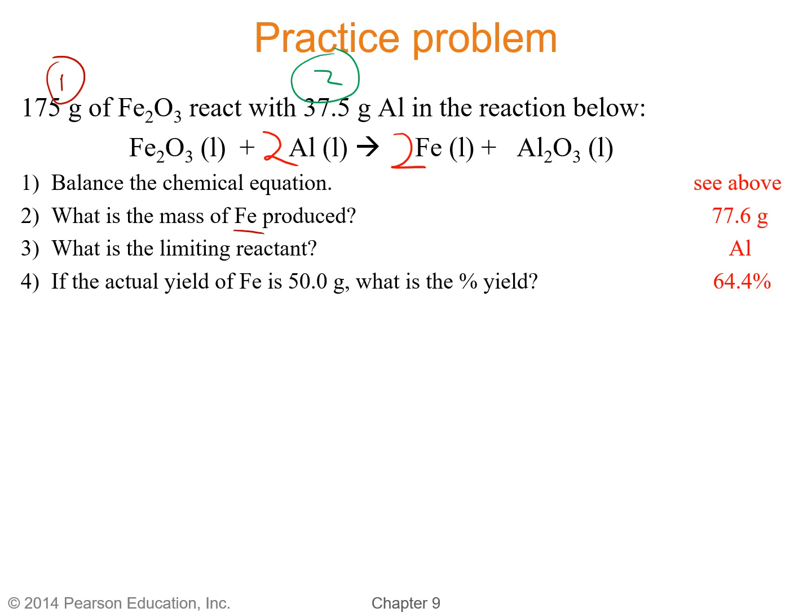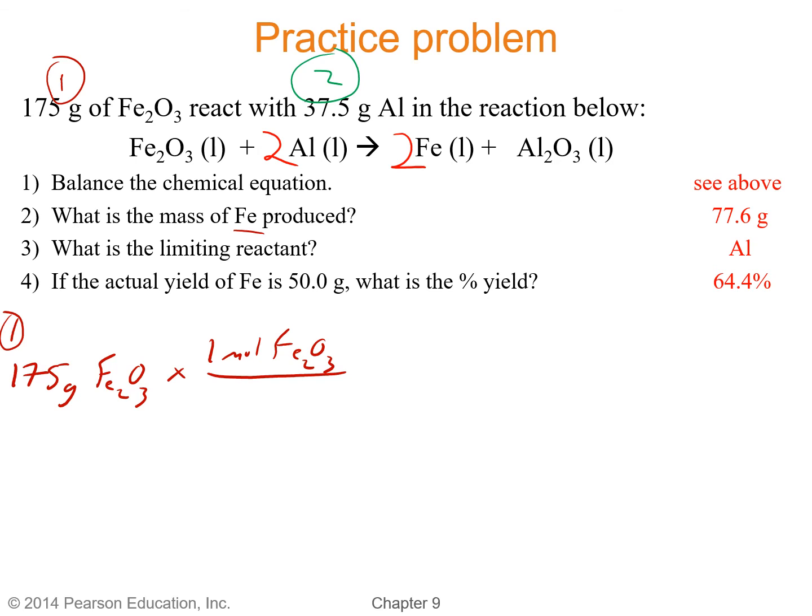So let's start with the 175 grams of iron 3 oxide. So we have 175 grams of Fe2O3, which is iron 3 oxide. We convert that to moles. So 1 mole Fe2O3, and you'll see why I'm writing the chemical names down in a minute.